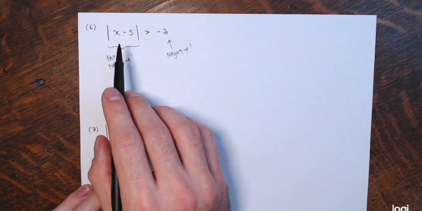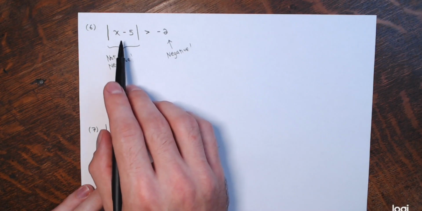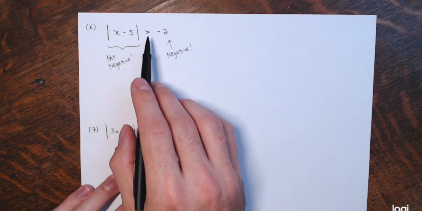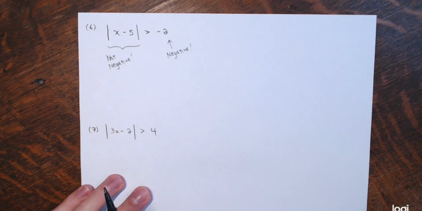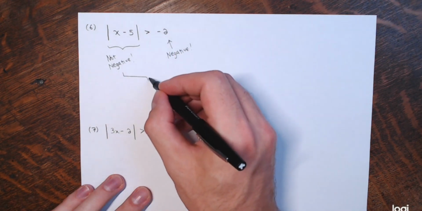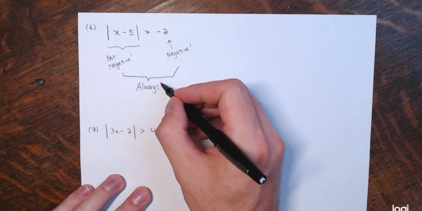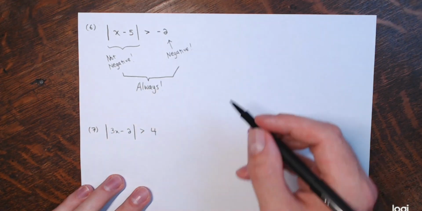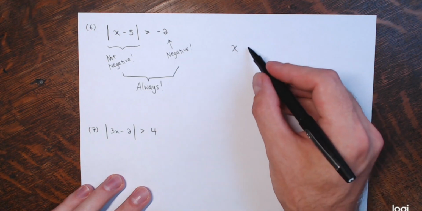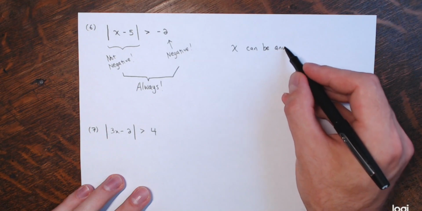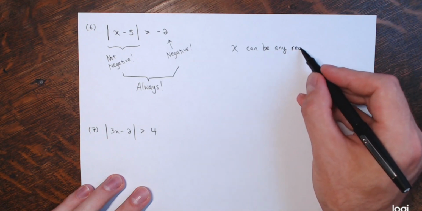And as I said with example 5, something that is not negative will always be greater than something that is negative. So just as the last example, this is always true, always happening. So just as the last example, x can be replaced by any real number. X can be any real number.